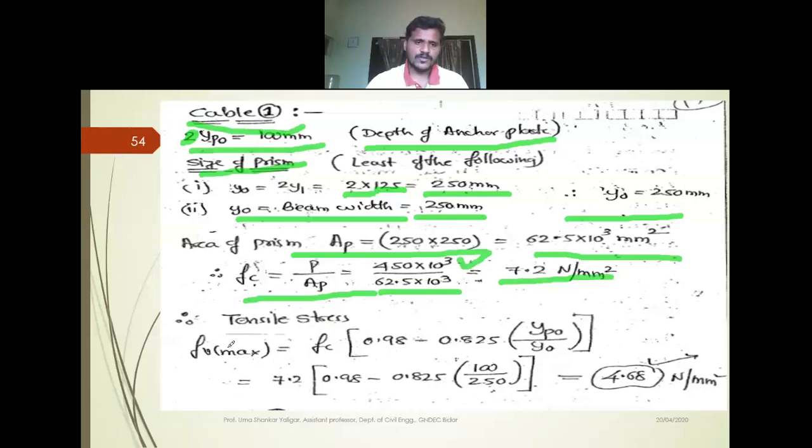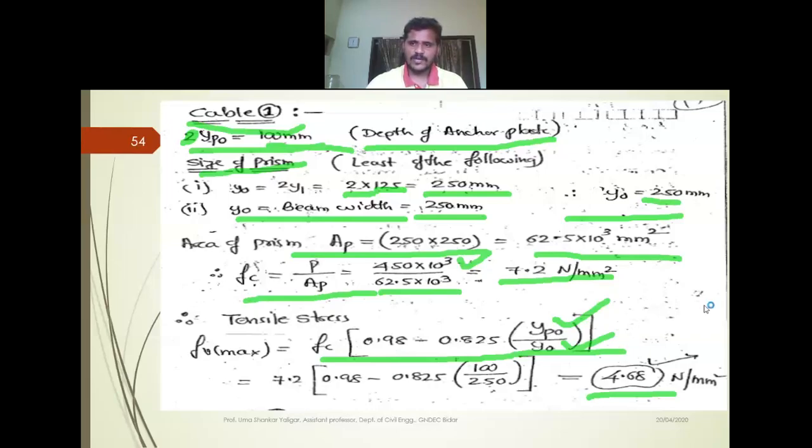Then we know the tensile stress formula: Ft max is equal to Fc into (0.85 minus 0.825 Yp0 by Y0). You know Yp0, the depth of the plate, which is 100 mm, and Y0, the depth of the prism, that is 250 mm. If you substitute these values, you get the maximum tensile stress as 4.68 Newton per mm square in the cable.